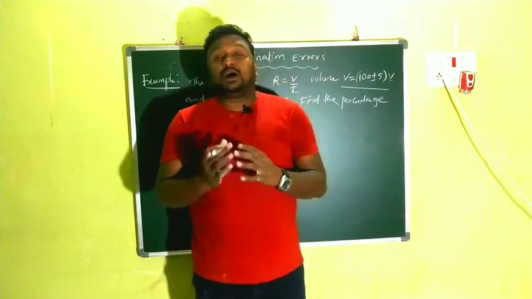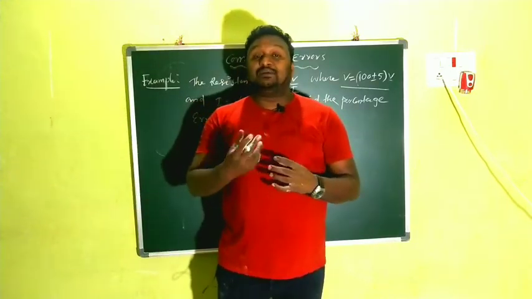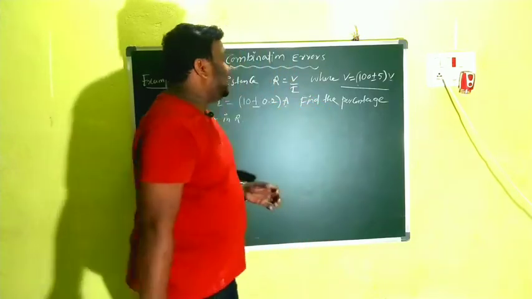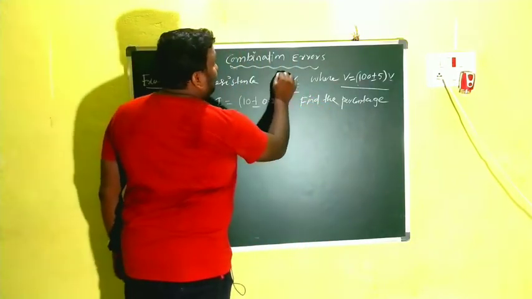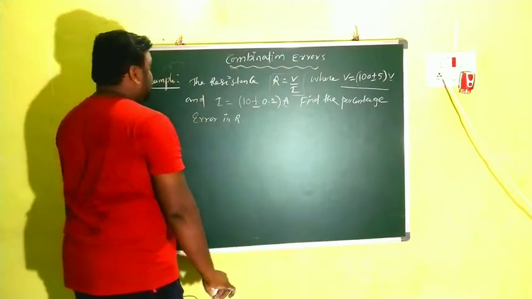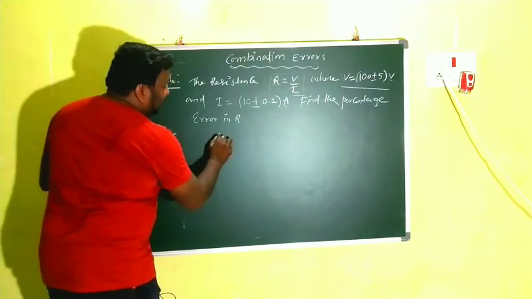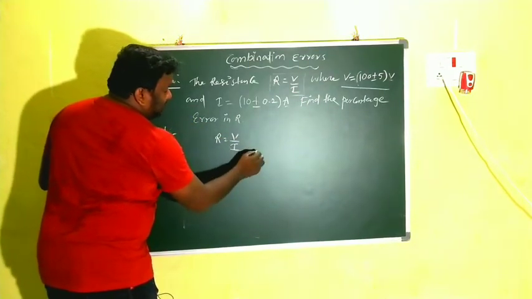First you have to observe in the problem whether it is addition, subtraction, multiplication or division. So R is equal to V by I. It is division.